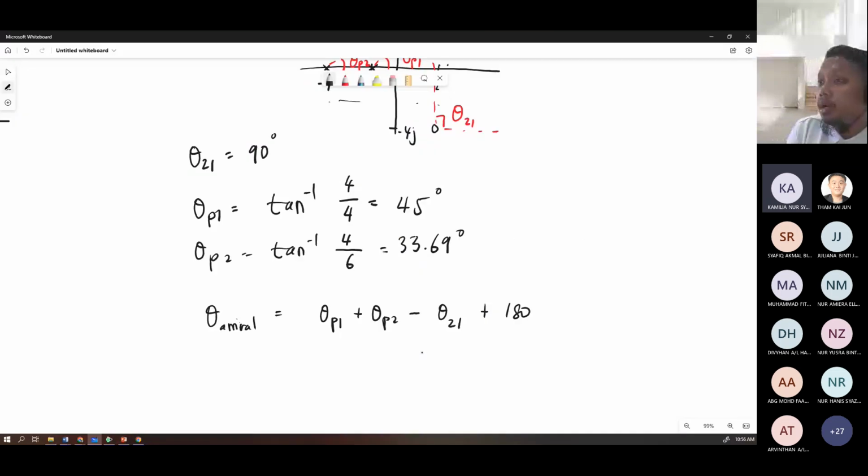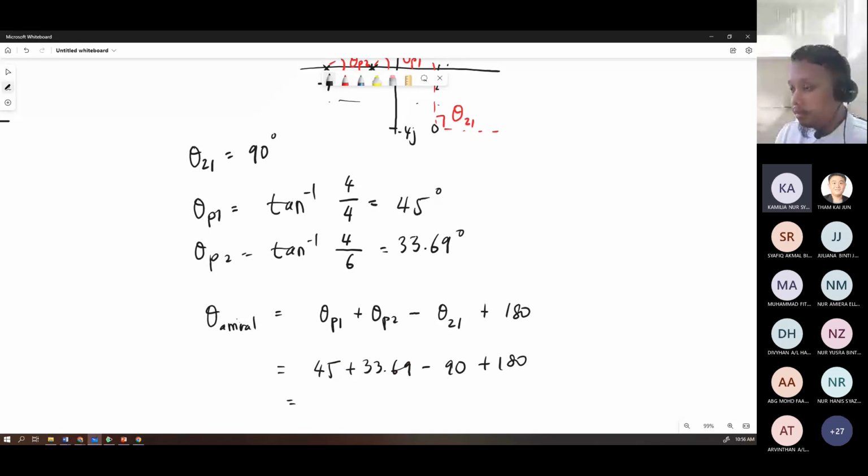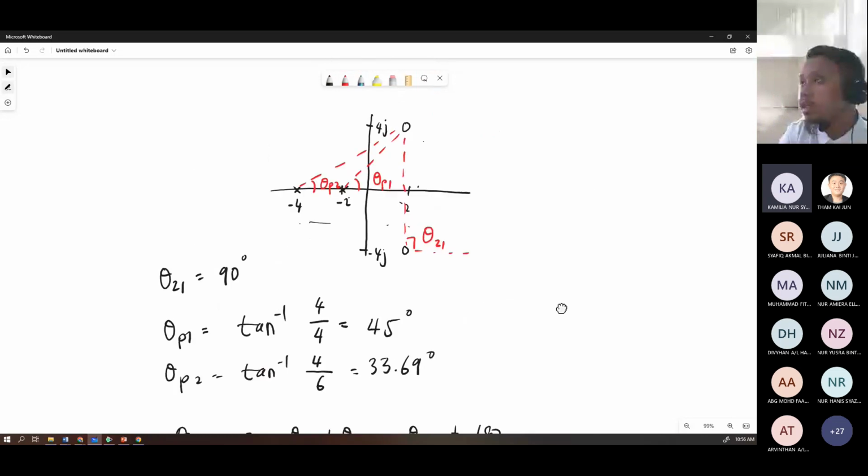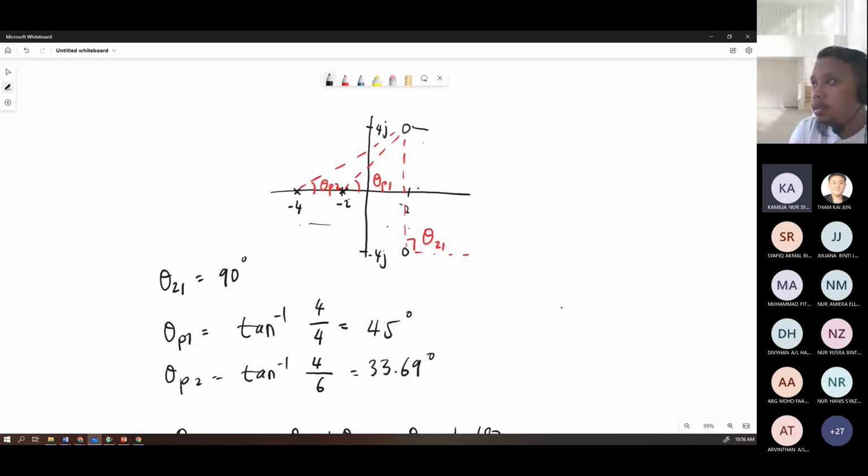Okay, so use the value. So 45 plus 33.69 minus 90 plus 180. So you get 168.69 degree. So the angle is about here.